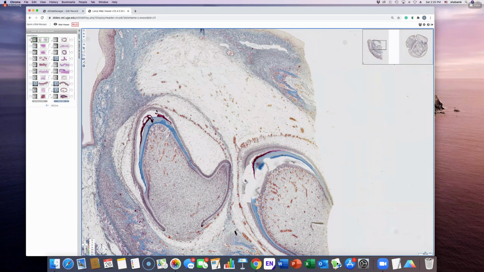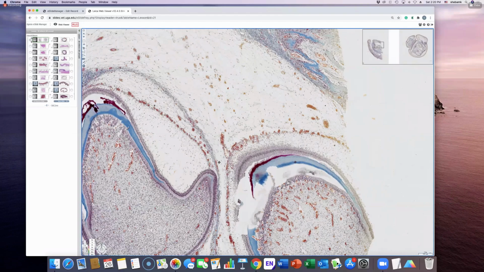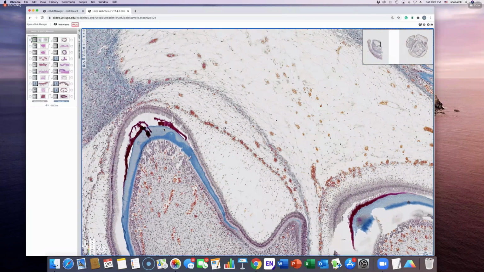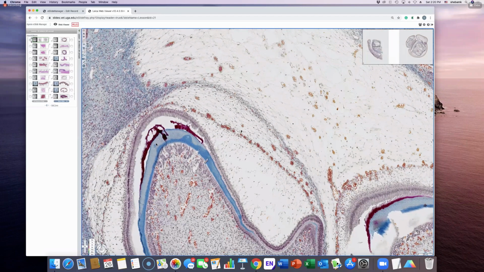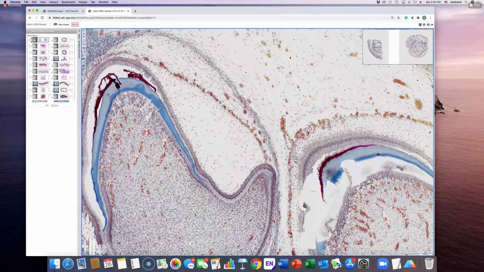So the cells that produce the enamel that are present here are called ameloblasts, okay, so they have an E in them, ameloblasts, just like the enamel. So the cells that produce the dentin are called odontoblasts, okay, and they have a D in their name. So that is how you remember it.